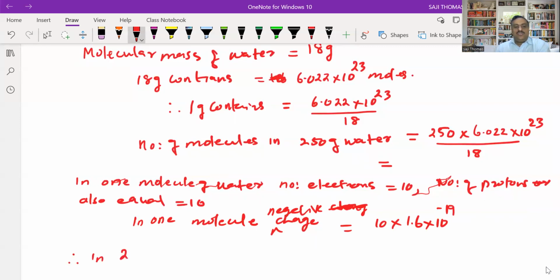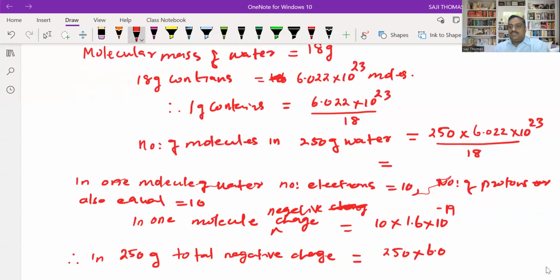Therefore, in 250 grams, total negative charge equals the number of molecules in 250 grams of water, 250 into 6.023 divided by 18 into 10 raised to 23, into 10 into 1.6 into 10 raised to minus 19.